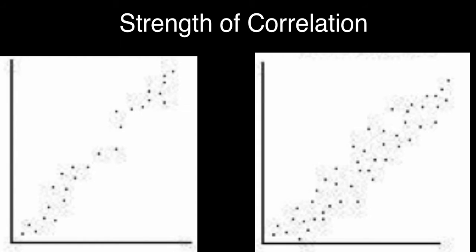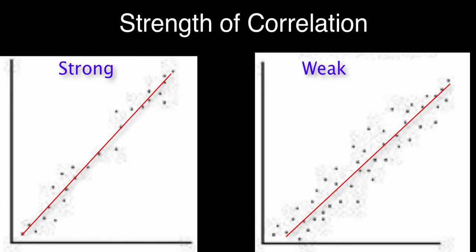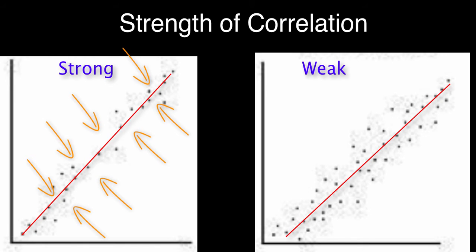Now the strength of the correlation is basically what it sounds like. It tells us how strong that relationship is between those variables. And so you can look at it on the scatter plot. If we were to draw a line of best fit, which is this sort of trend line or average line at the middle of our data, the middle of all these dots, the stronger the correlation, the closer those dots will appear to that average line.